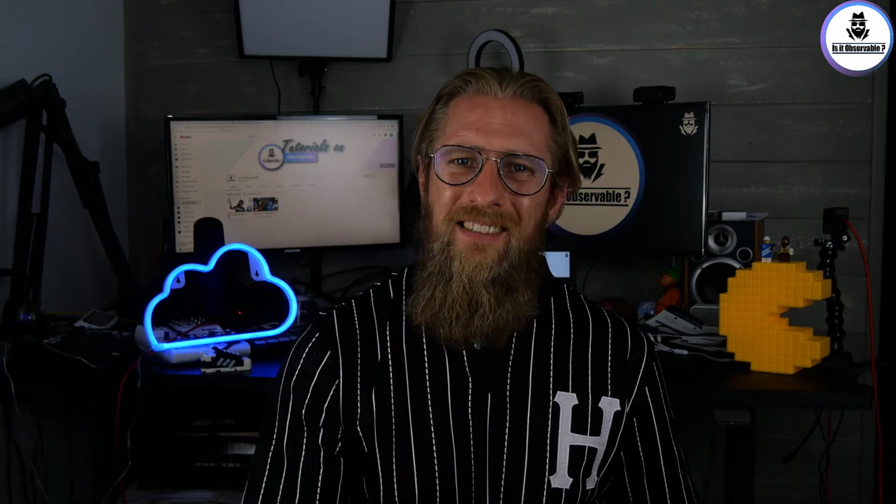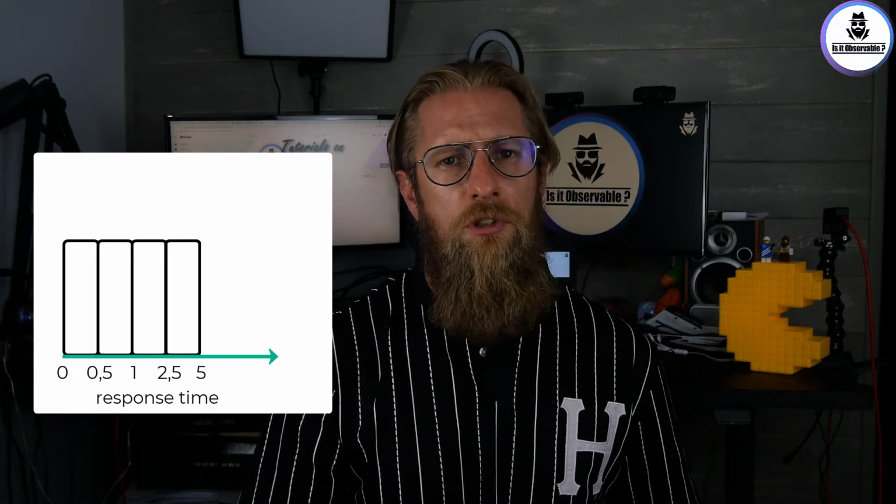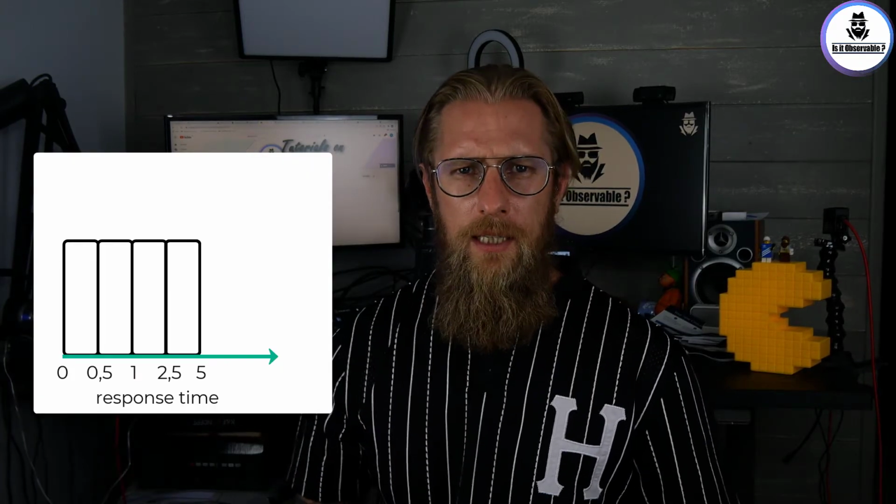The third type is histogram. Histogram will allow you to specify a value for predefined buckets. So let's say I want to report the HTTP response time and the response size, for example.